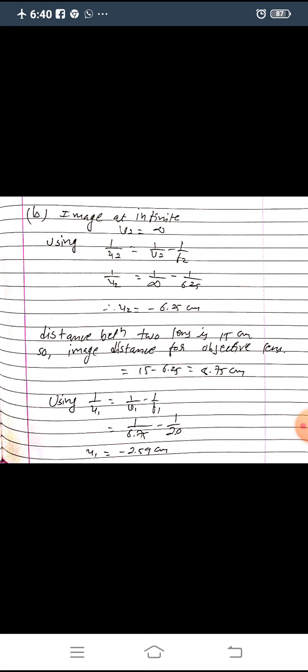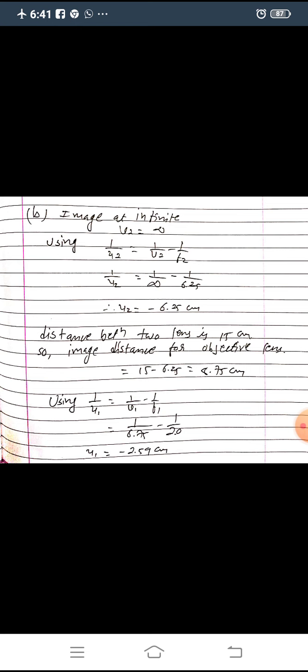Once again use the lens formula for the objective lens: 1 upon U1 is equal to 1 upon V1 minus 1 upon F1. Substitute all the values and we get U1 as minus 2.59 centimeters. So the object should be placed at 2.59 centimeters from the objective lens when the final image is formed at infinity.